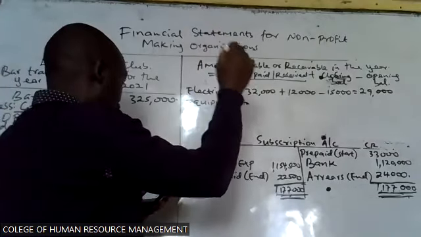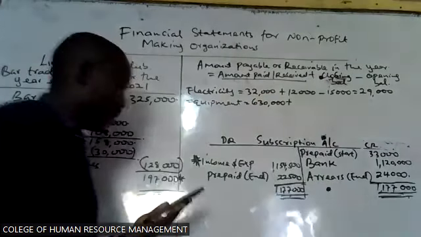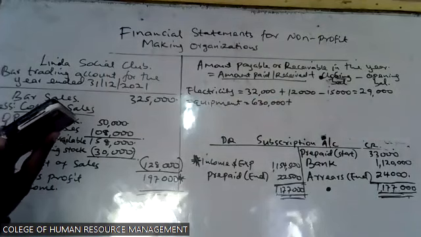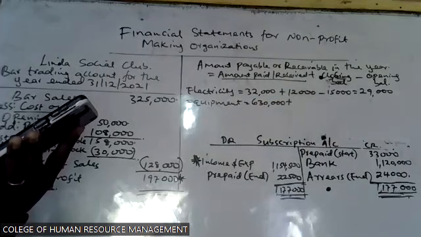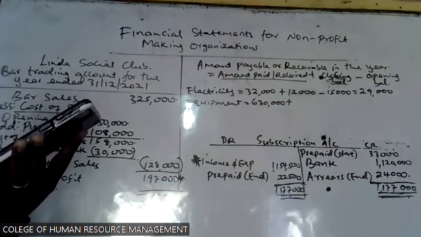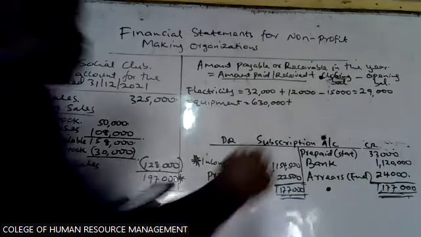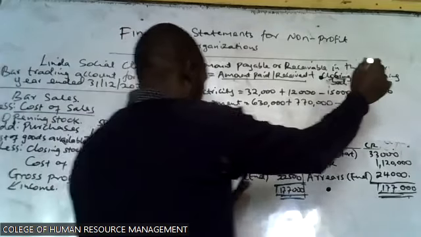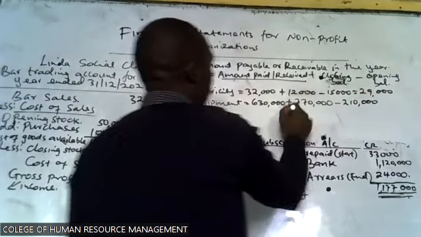Here we have the amount in the receipt and payment, the equipment is 630,000. Then you add the closing balance, which is what? The closing balance is 770,000. Then you minus 210,000.